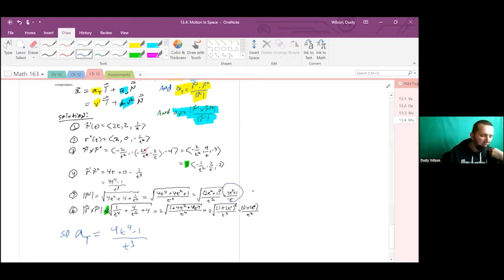And remember, we could just invert and multiply. So we're going to multiply this by t over 2t squared plus 1.